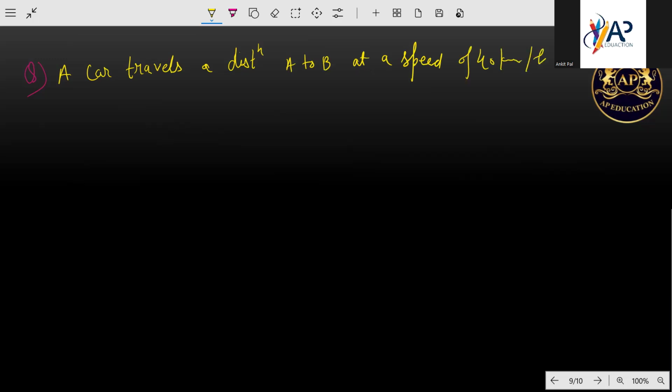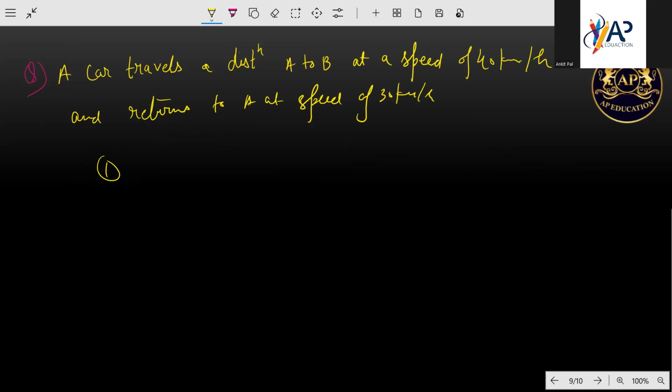One question is there. A car travels a distance from A to B at a speed of 40 km per hour and returns to A at a speed of 30 km per hour.